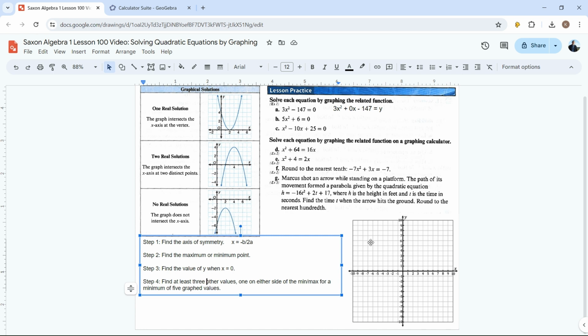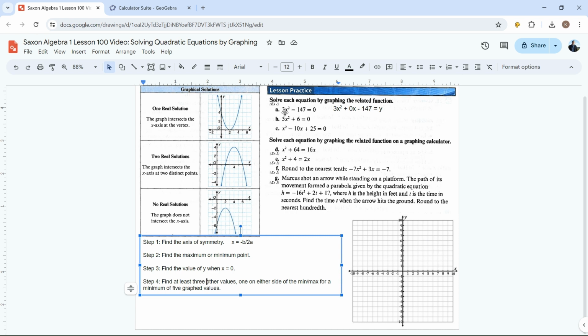All right, I only have one value so far that I could graph, and that's at (0, -147). That's way off my graph. Okay, here's what I'm going to do. I'm going to try plugging in 1 and see what I get. If I plug in 1, is this going to become above 0? Is it going to be in the positive?